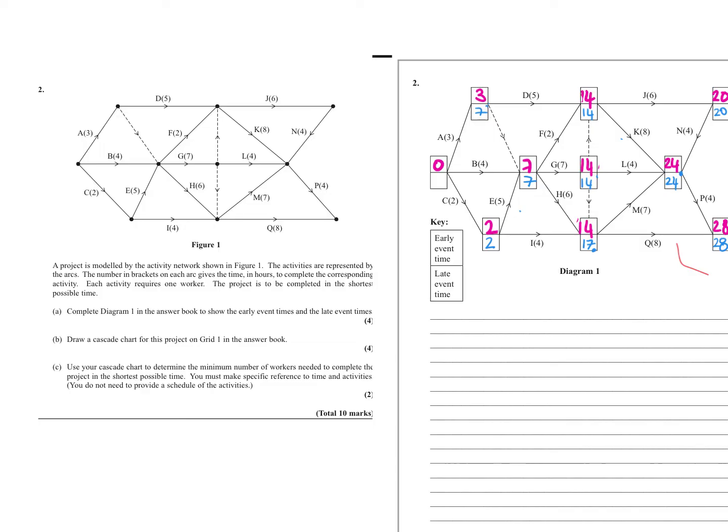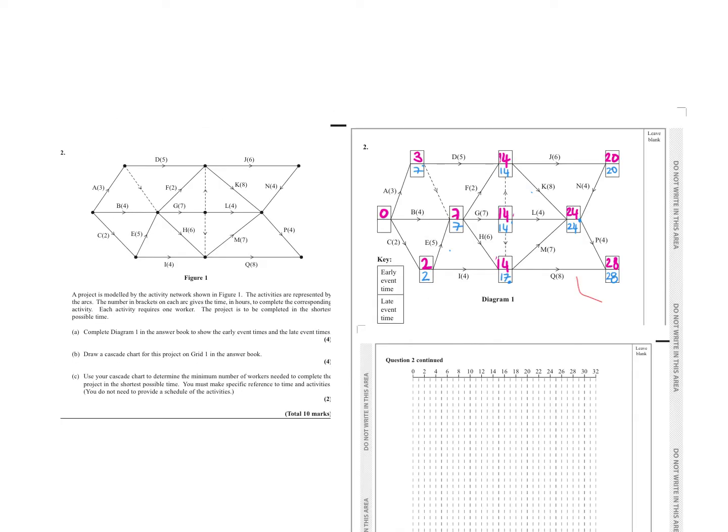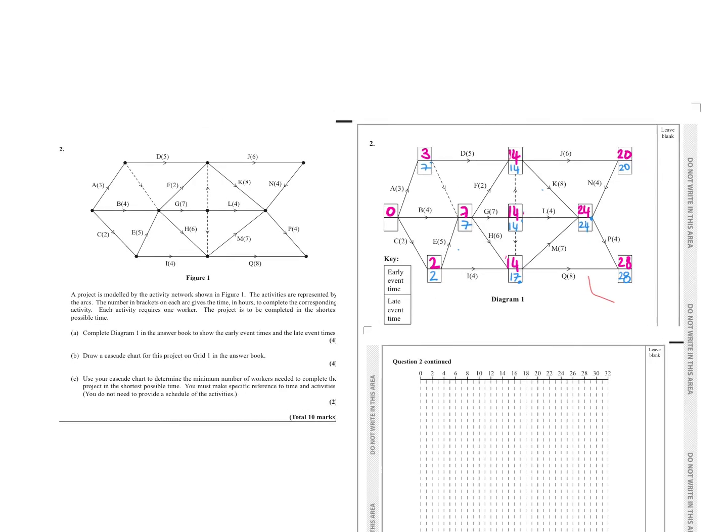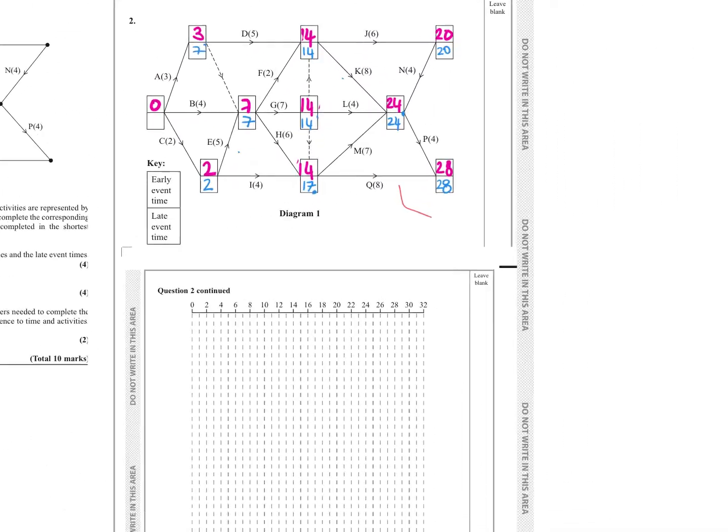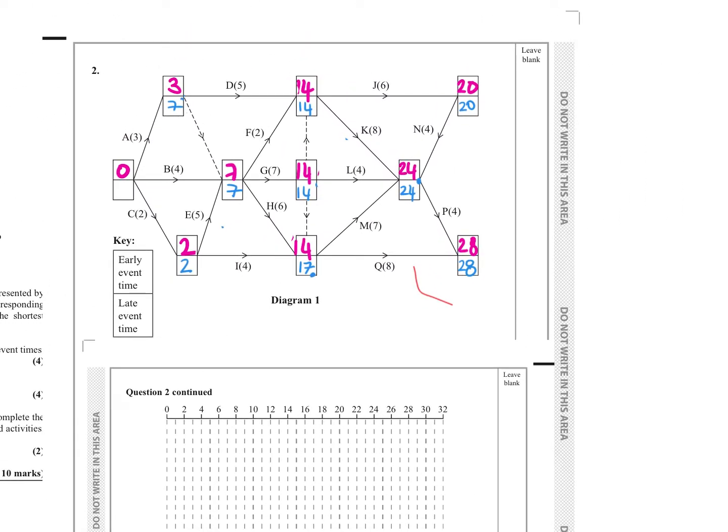It then says draw the Cascade chart for this project. So here we go. Now what we've got to do is draw this. So if we come here, first of all, what are our critical activities? So as we know, critical activities is when, if we did this minus this minus this, what do I get? 0, absolutely.